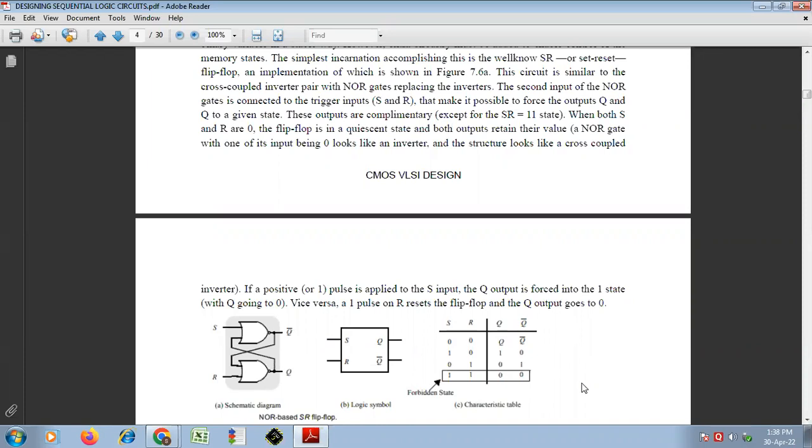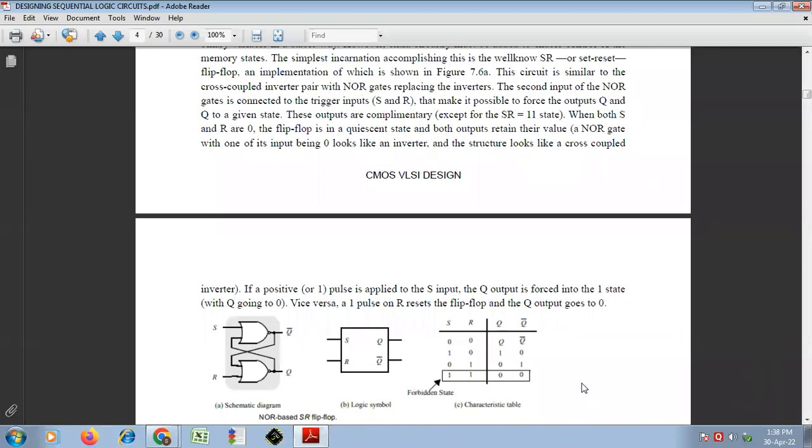When both S and R are 0, the flip flop is in the quiescent state and both outputs retain their value. For 0 0, the flip flop is in the quiescent state and it will retain the holding value. That means a NOR gate with one of its inputs being 0 looks like an inverter, and the structure looks like a cross coupled inverter.